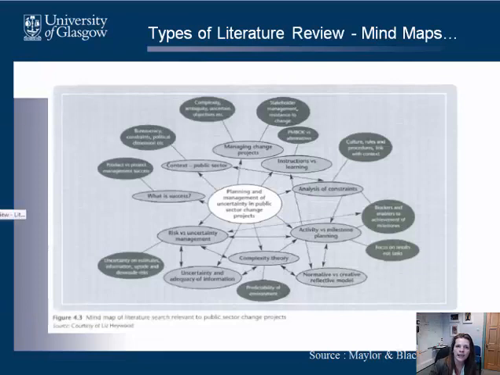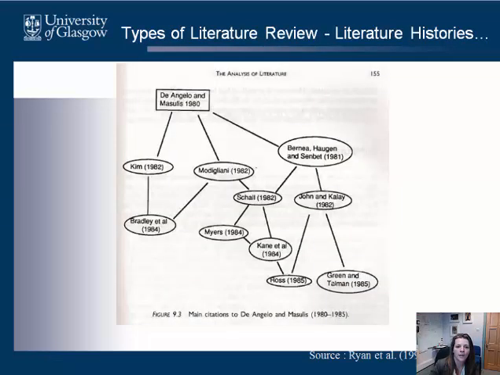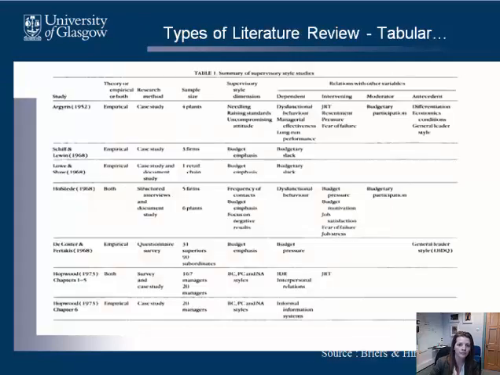It is a lot less common for a management topic to be attempted from this angle here of literature histories, but not impossible with certain topics, such as leadership, for example. Finally, the tabular type of representing a review of the literature is very common with systematic literature reviews, which are more common in medical and psychology research, less common with management, but again, they do exist.